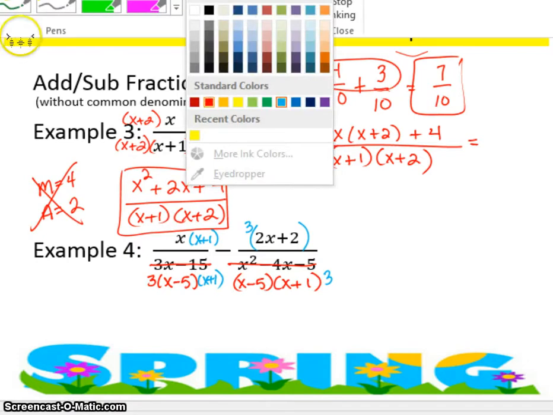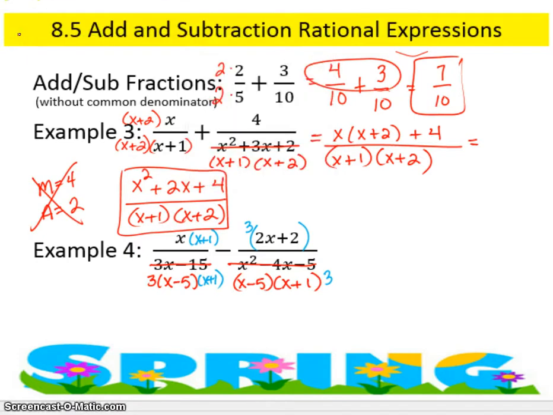Now you need to use your algebra skills to figure out how this all works out. Okay, so what I'm going to do is multiply the top here. We have x times (x plus 1), which is x squared plus x. And then we're going to have minus, I'm going to distribute that in, 6x minus 6. Remember that negative goes to the first term and to any additional term.